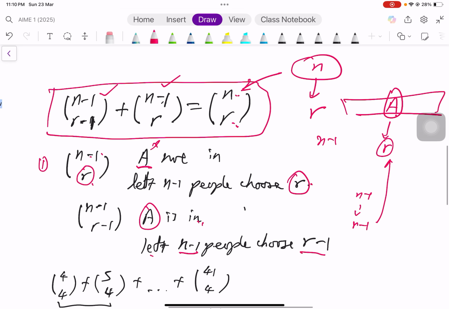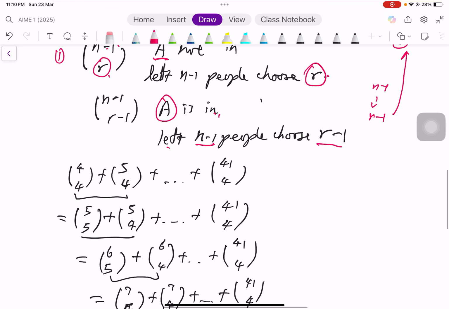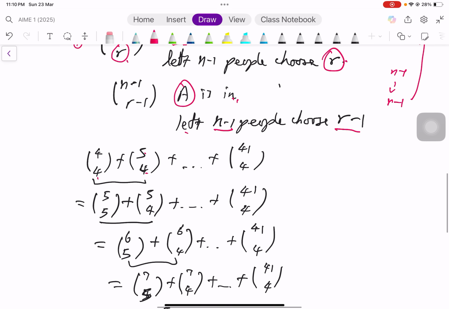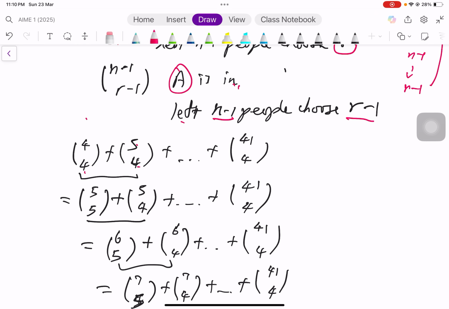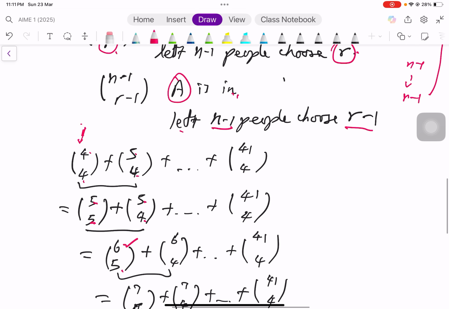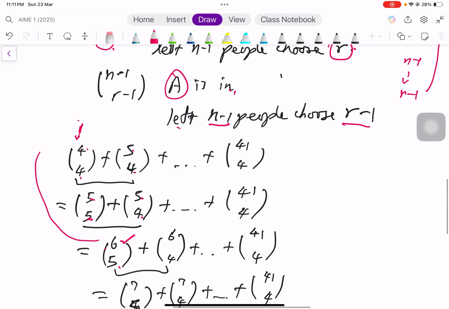Now you look at it in this way: 4C4 and 5C4. 4C4 is basically 1, so I can change it into 5C5. Then 5C5 plus 5C4 will give you 6C5, based on this result.